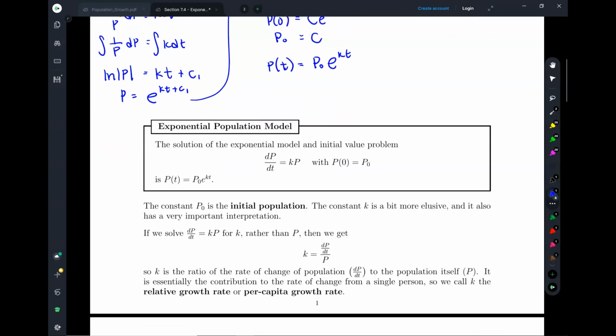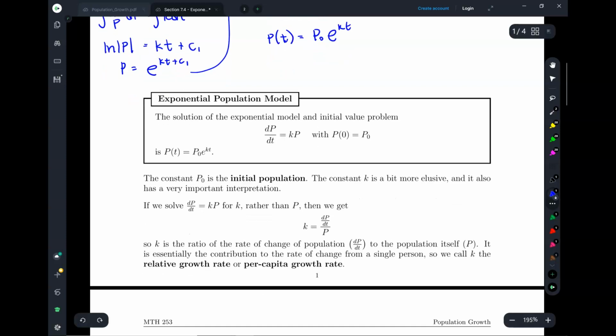The constant k is a little bit more elusive. We have to really think about what that k value will tell us, but it does have a very important interpretation for a particular population. If we think about solving this differential equation for k rather than p, we would just divide both sides by p, right? So we get that k is dp dt divided by p.